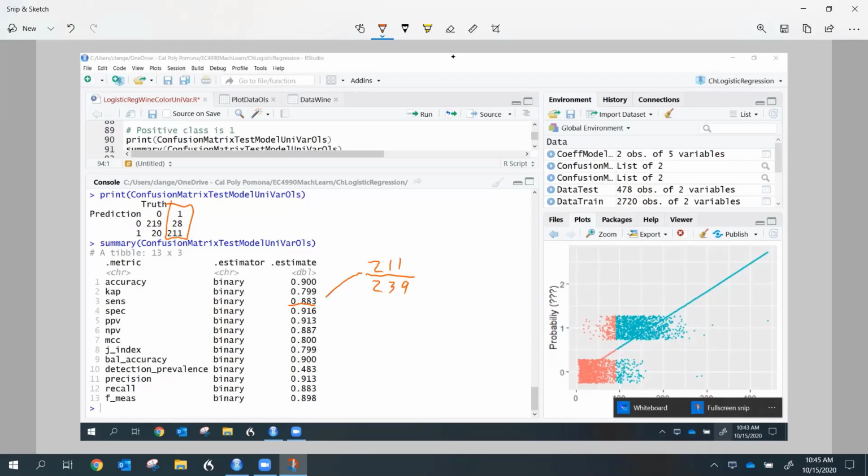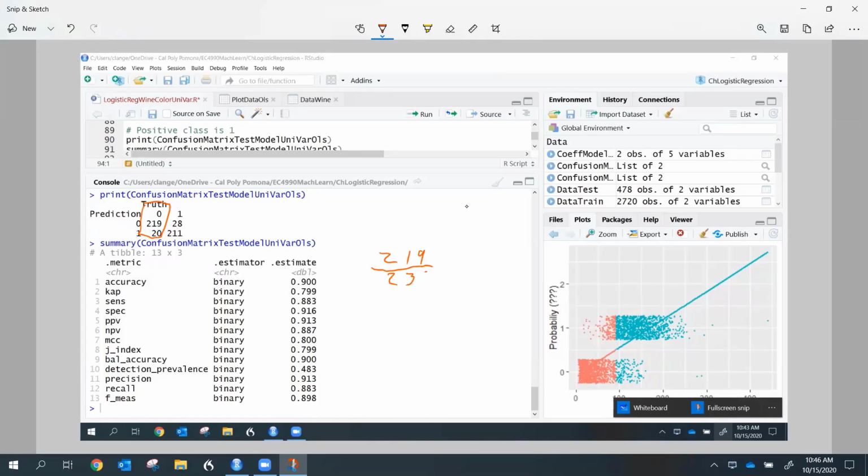What I also can do is the whole thing on the negative class. That would be the red wines. 219 red wines were predicted correctly. And I had a total of red wines of 219 plus the 20 that were not predicted correctly, so a total of 239 here. This is a balanced data set.